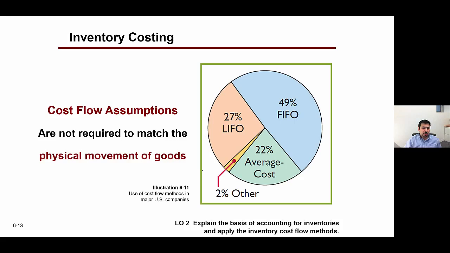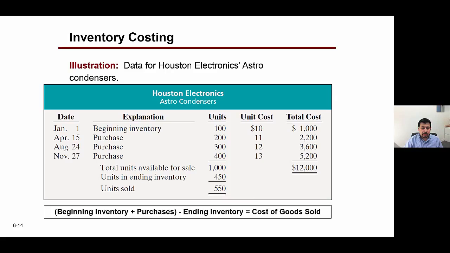We have almost half the companies that use first in, first out, mostly because it is the closest, after the specific identification, to the physical flow of goods. And then you have LIFO, which is 27%, and the average cost is used by 22% of the companies. As we mentioned, most companies will be using the cost flow assumptions.